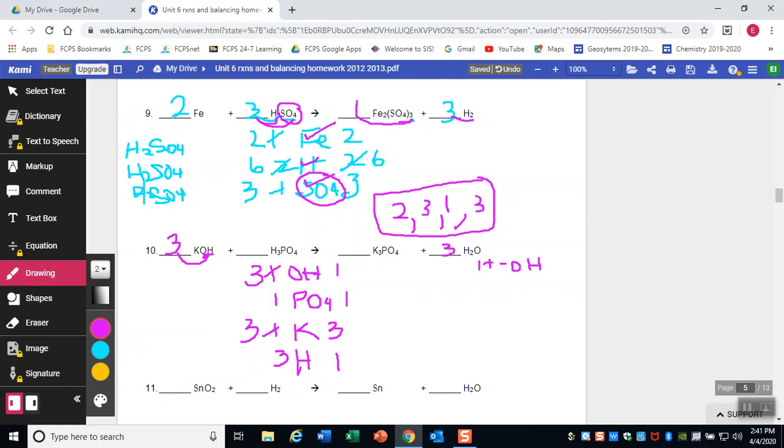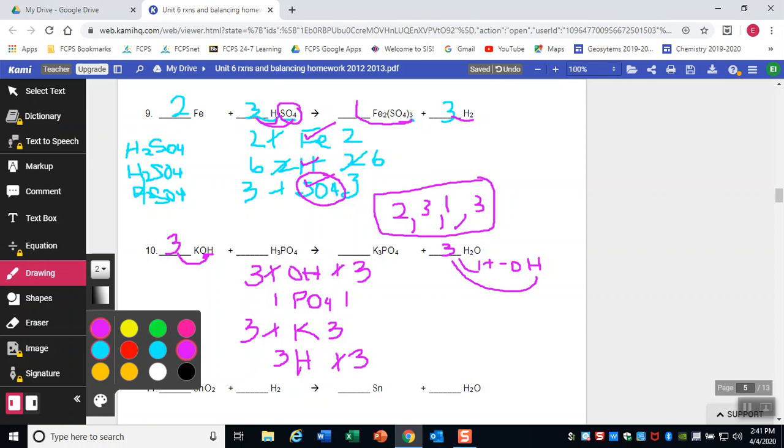But then I also now have 3 hydrogens. So I have 3 hydroxides, and I also have 3 hydrogens because it tripled everything. Right? 3 hydrogens, 3 hydroxides. Now everything looks balanced, actually. Thank goodness. All right, so now let's do the check.